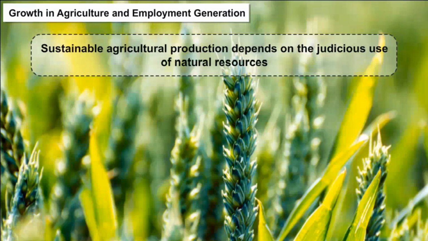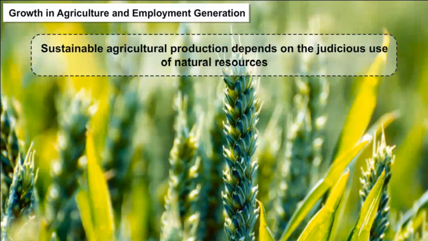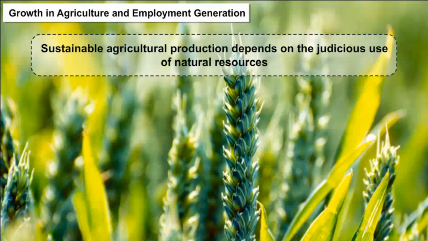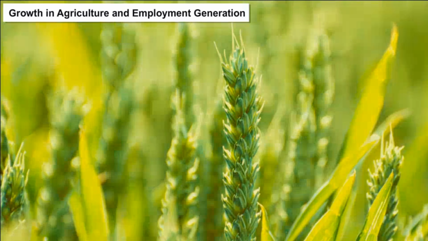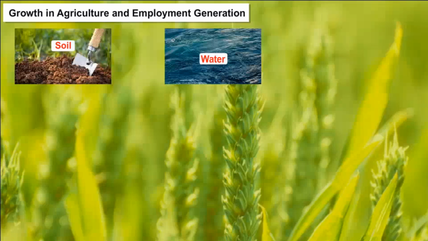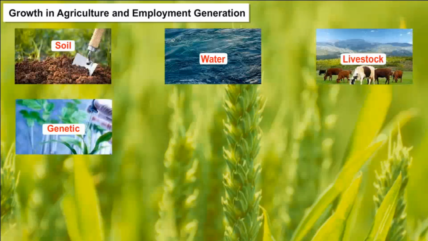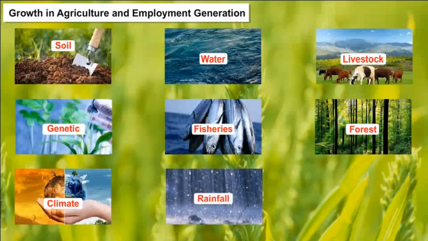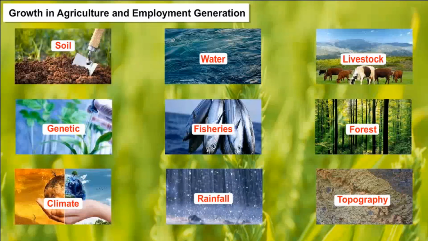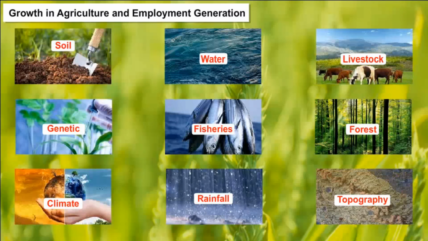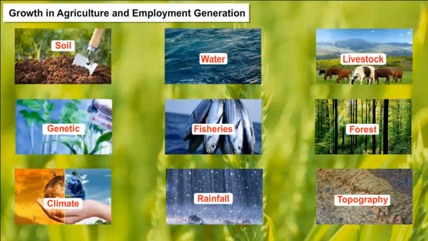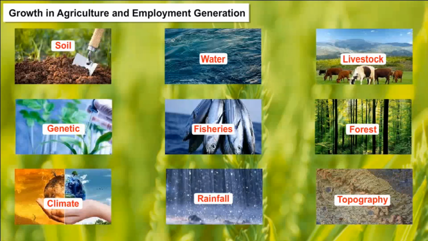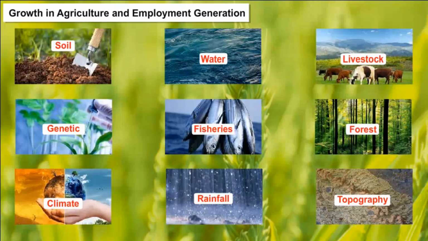Sustainable agricultural production depends on the judicious use of natural resources, soil, water, livestock, plant genetic, fisheries, forest, climate, rainfall and topography in an acceptable technology management under the prevailing socio-economic infrastructure.